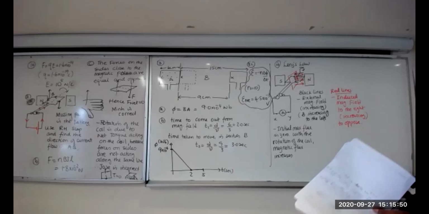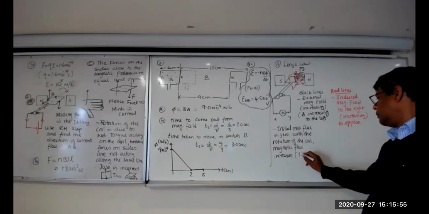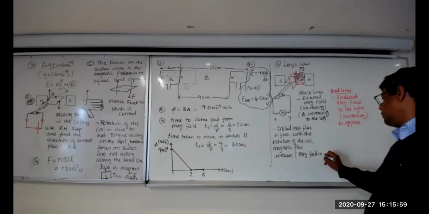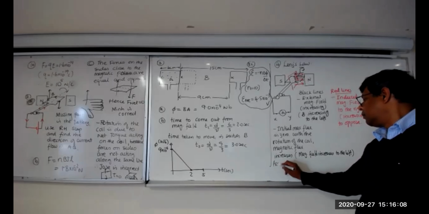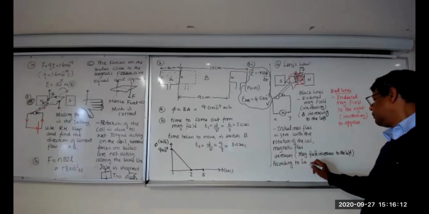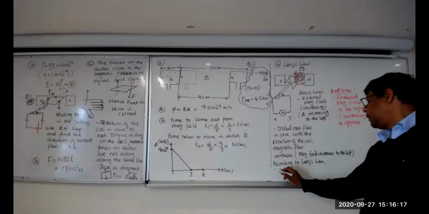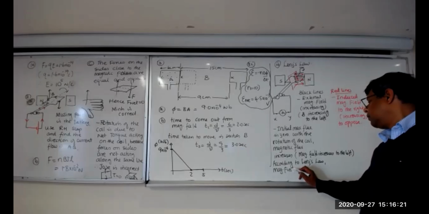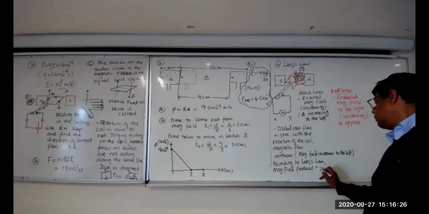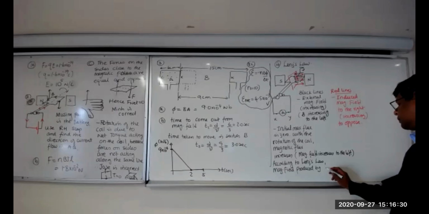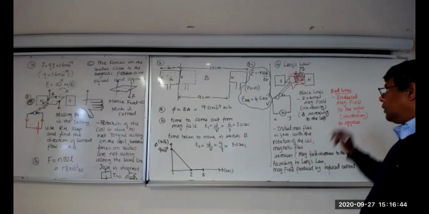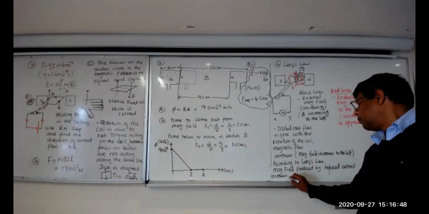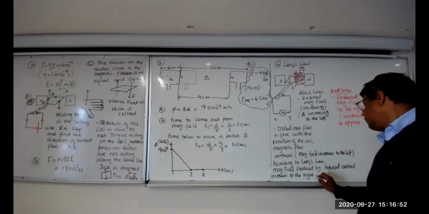Then the right hand grip rule. The magnetic field produced by the induced current increases to the right, to oppose the change.